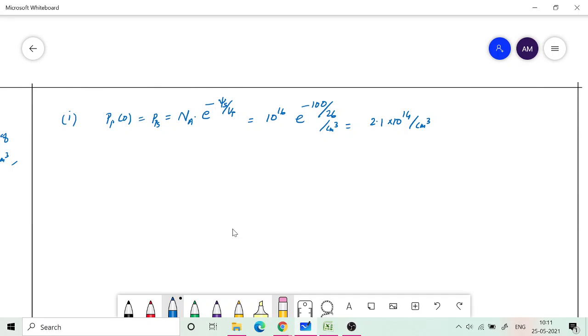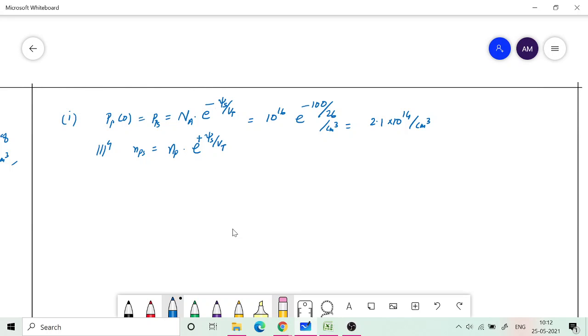And similarly, NPS is going to be what? NPS is going to be NP in the bulk multiplied by e raised to plus psi s by Vt.